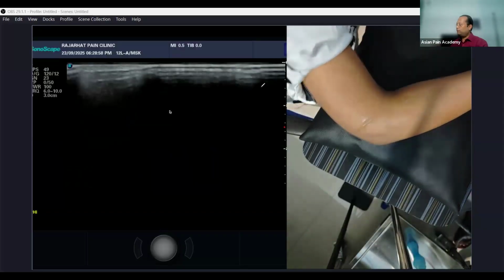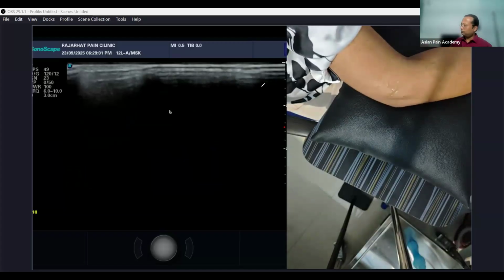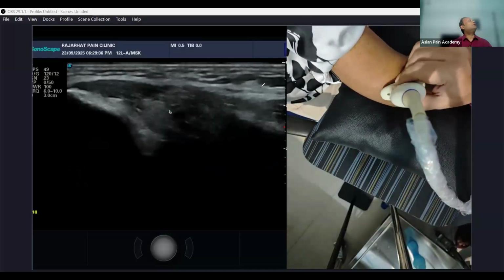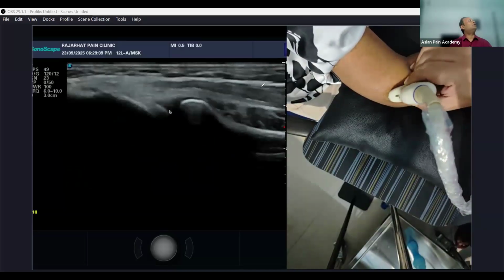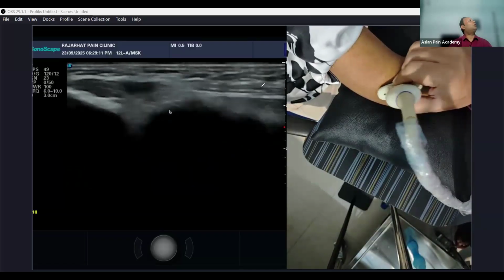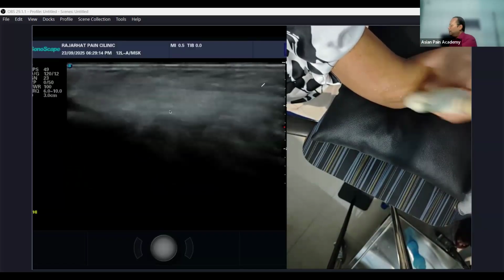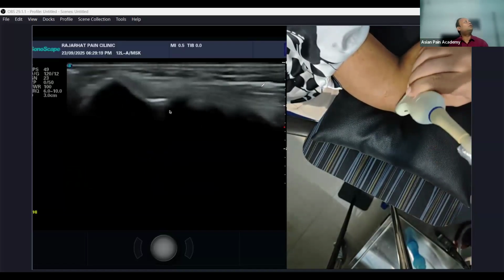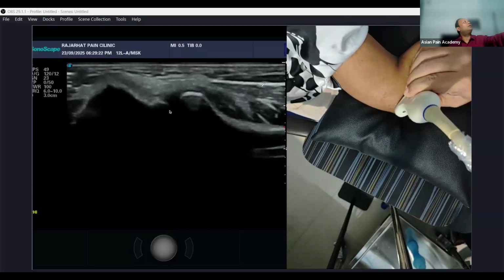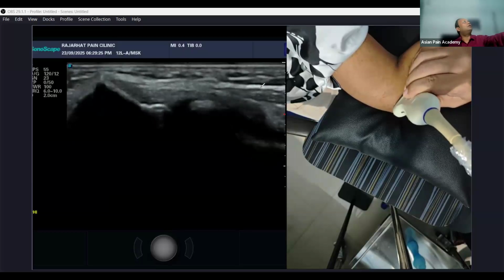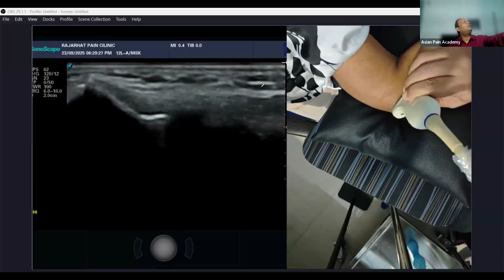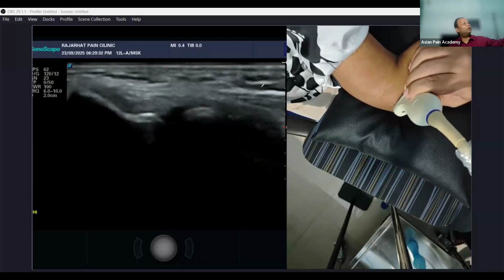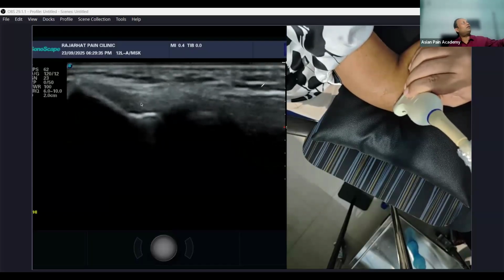And the ligament also, you have already seen. When we are seeing the common extensor tendon, first, just near to the joint, this part is near to the joint.